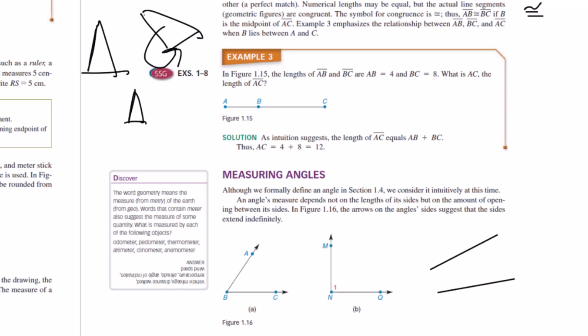I need to think about, if I extend these two lines in a certain direction, so if you look here, it's going to be to the left, then I can think about where those sides would eventually meet. Okay, that point is important for understanding what an angle is. That's the vertex of the angle.